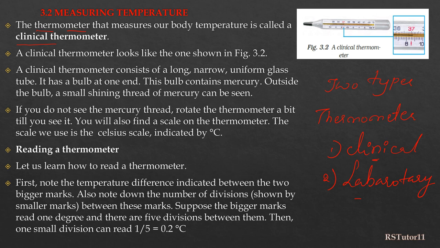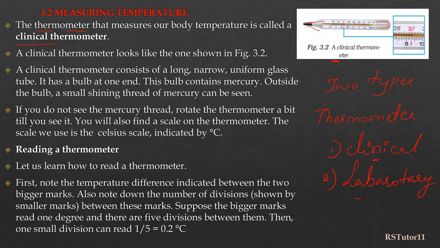This is your clinical thermometer. See how it is made. The clinical thermometer consists of a long narrow uniform glass tube. It has a bulb at the end. This bulb contains mercury. Outside the bulb a small shining thread of mercury can be seen.